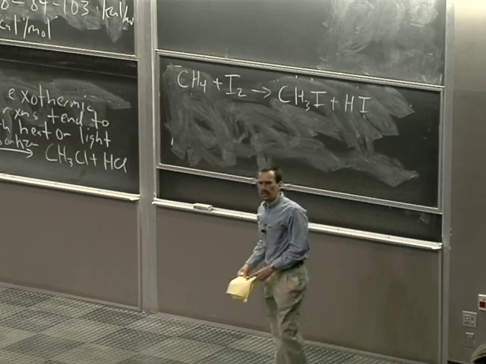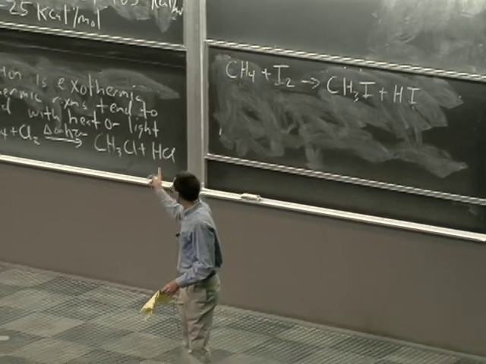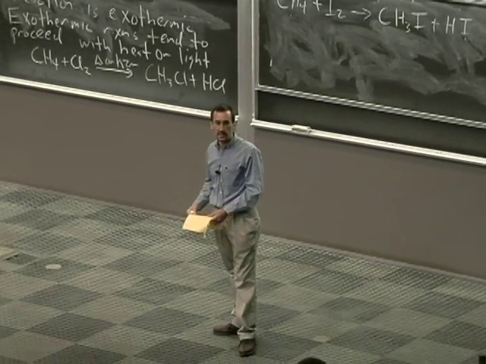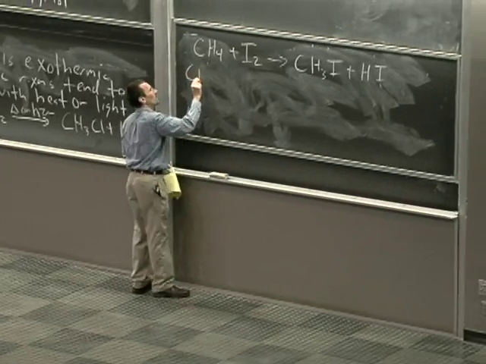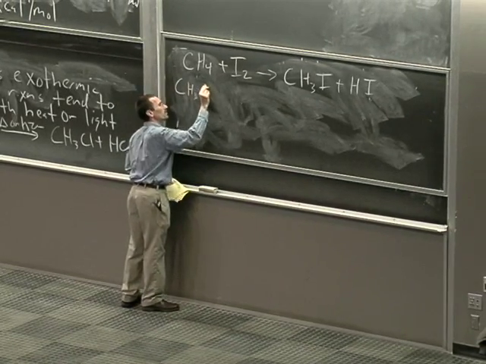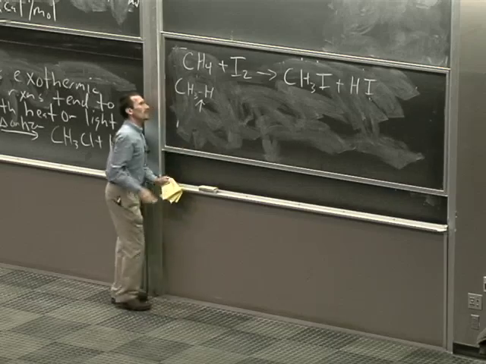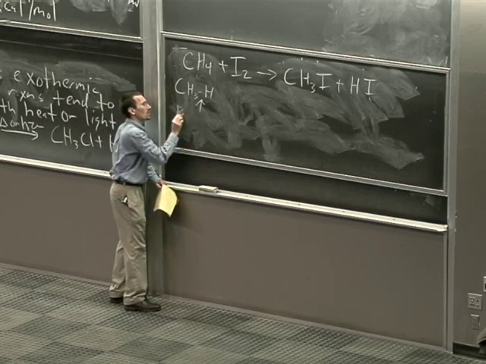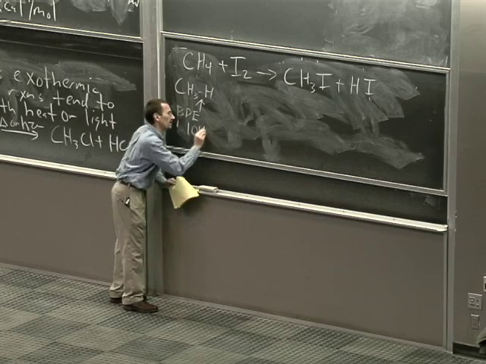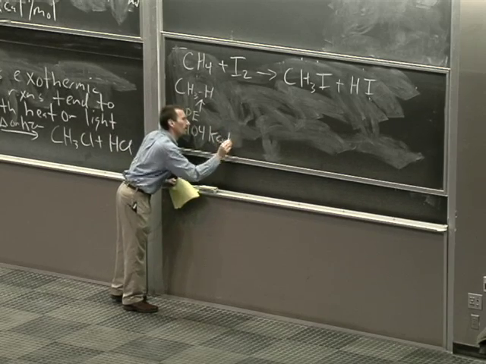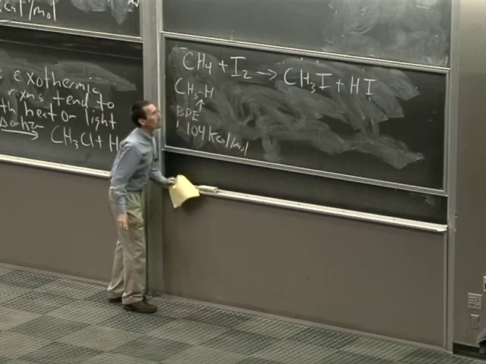And let's see if we could expect this reaction to occur. And the question we want to ask is simply, is this reaction exothermic? So we're going to do the same thing, but a little bit faster. The bond dissociation enthalpy, we already saw, was 104 kilocalories per mole for the methyl hydrogen bond.